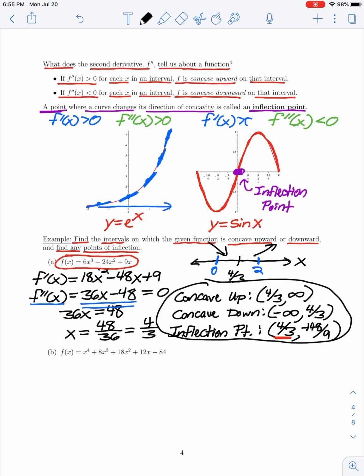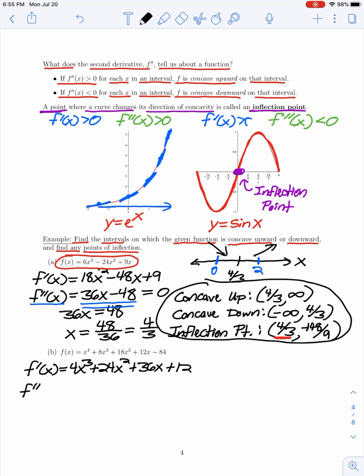And in part B, we have a similar problem. f of x is this fourth degree polynomial. Again, we're asking for intervals of concavity and points of inflection. So let's start by finding our first derivative, f prime of x, which would be 4x cubed plus 24x squared plus 36x plus 12.